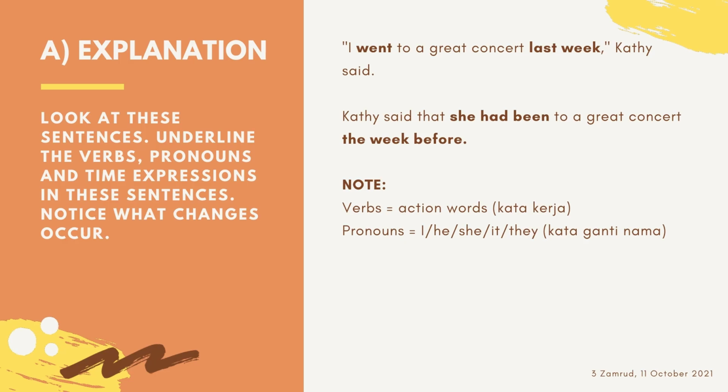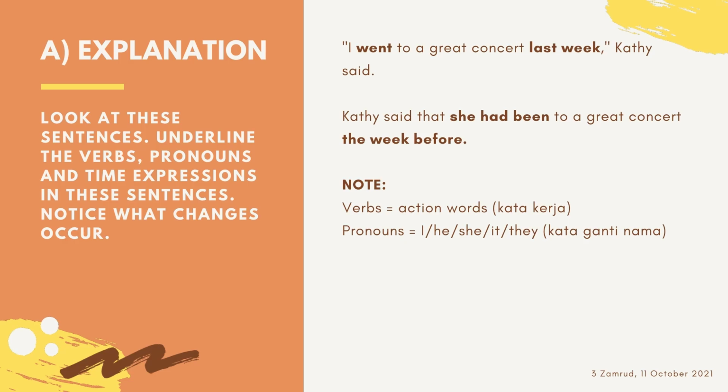Now, before we go into further details, let us look at what verbs and pronouns are. First of all, verbs. Verbs are any words that are used to describe an action. So action words. In BM we call this kata kerja. Next, we move on to pronouns.